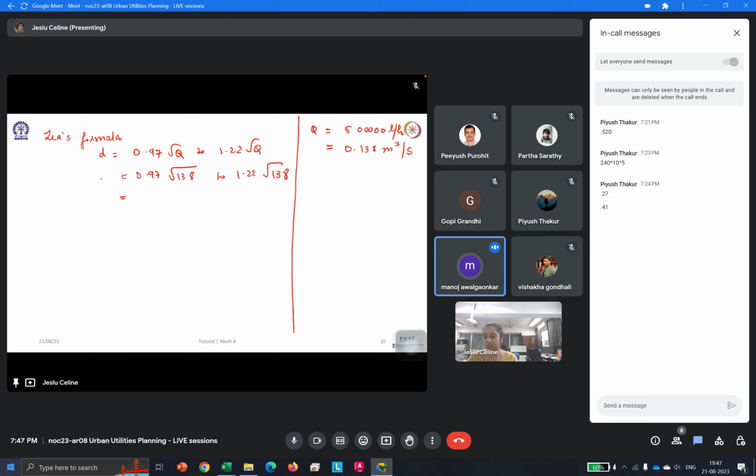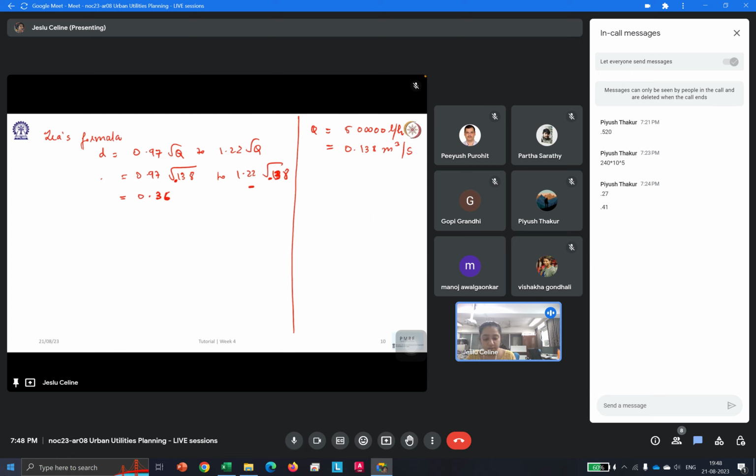I got 0.36, so I'm just leaving it as 0.36. It can vary because I've taken it as 0.139, so small variations are okay. It can be 0.359, 0.36, 0.37, somewhere there it's correct.